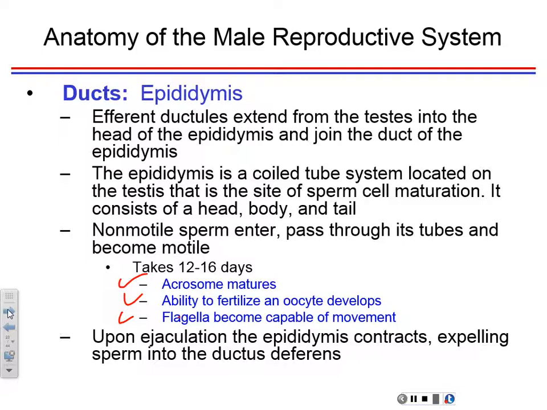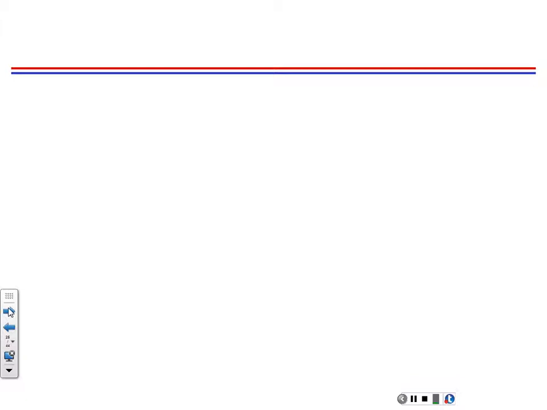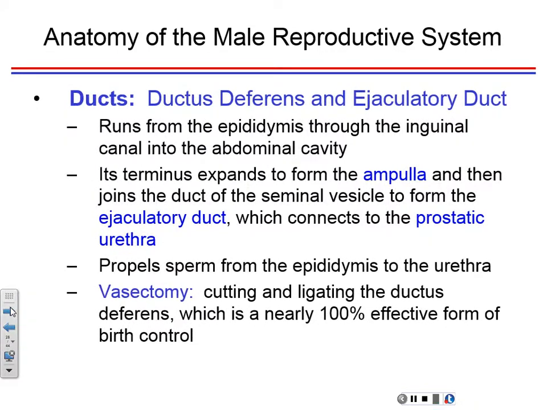So the epididymis leads to the vas deferens, the ductus deferens. So we get the epididymis with our head, body, and tail, and then there you go. Look at these diagrams later when you're going through these things, so you can actually see the structure of them. It kind of helps you to understand their function too. You know what I'm saying?